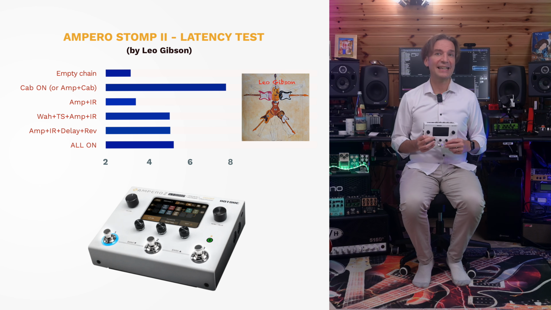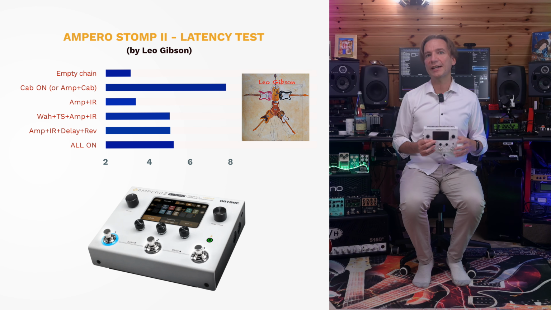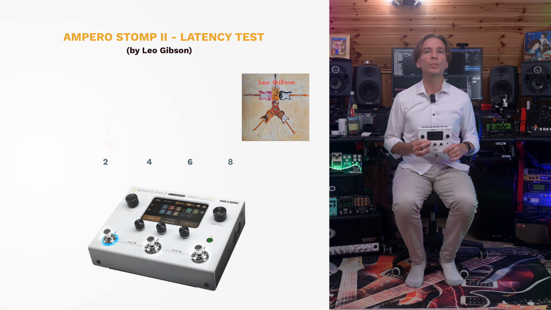Maybe the basic latency of the AD/DA conversion without anything in the signal chain already includes the conversion for the effect loop. I don't know, but this is for sure a good result and very different versus the Camper, where we have measured 7 milliseconds of latency just adding the effect loop to the chain.